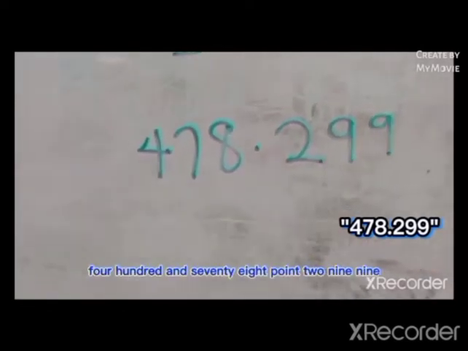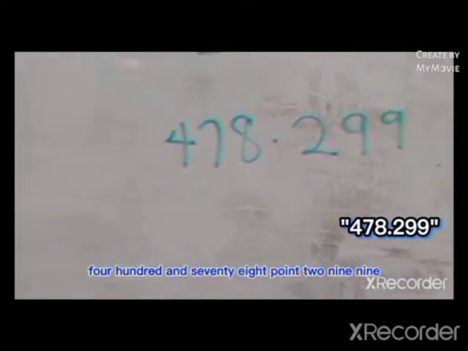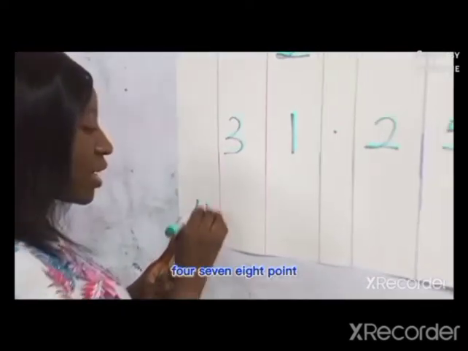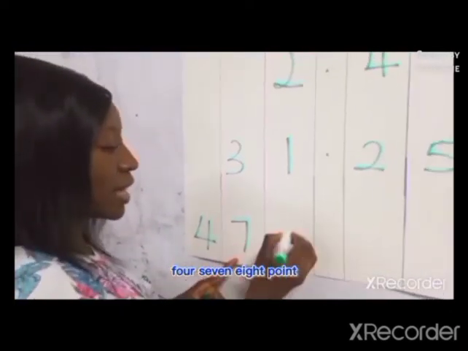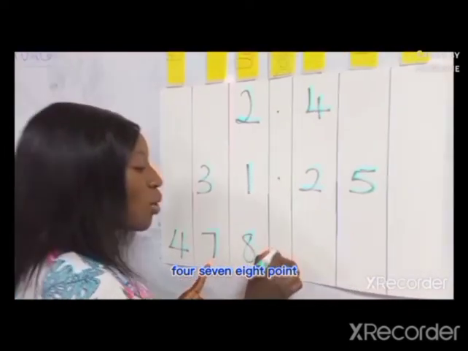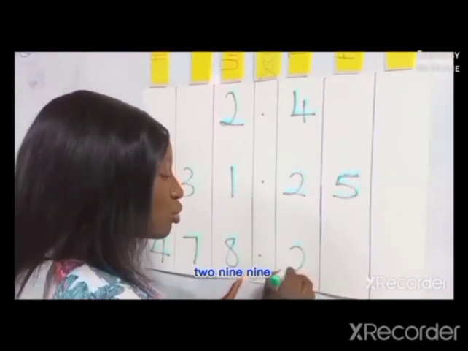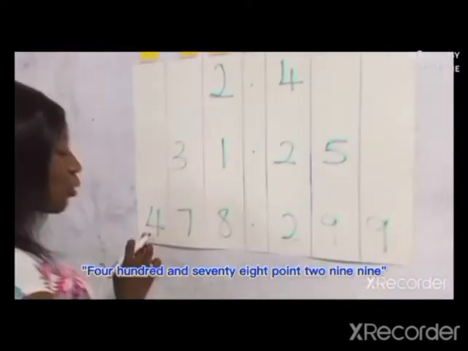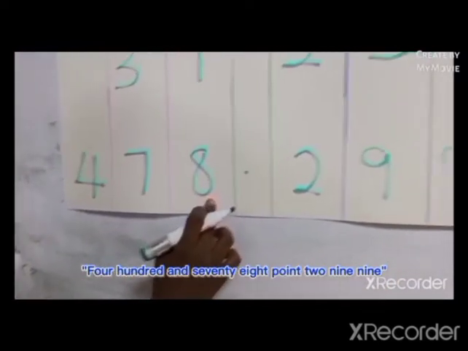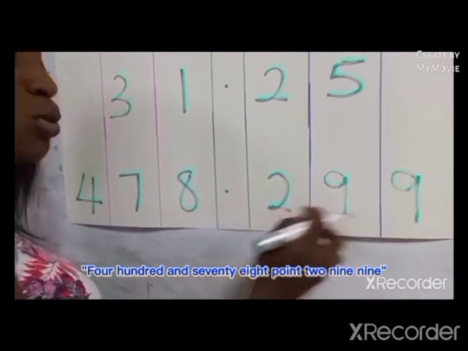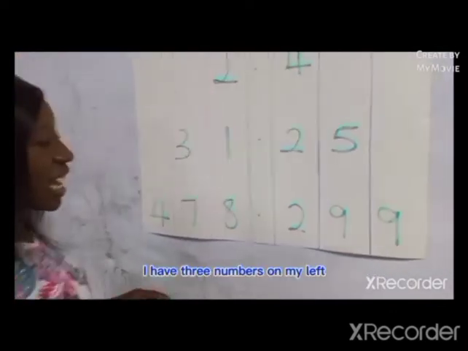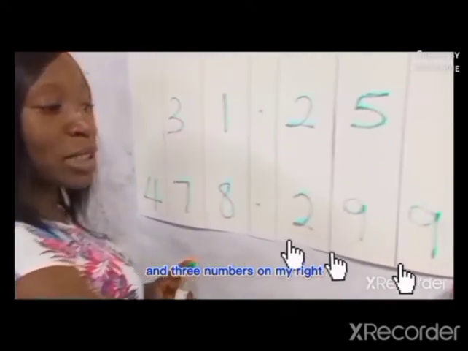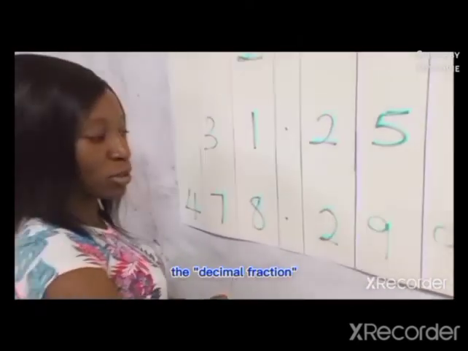478.299. Let's fill it. I have 3 numbers on my left, the whole number, and 3 numbers on my right, the decimal fractions.